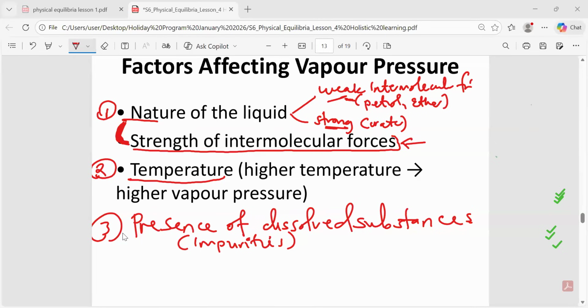I also understand the question, but let me also try to explain that. So what I think about the presence of substances included, how it can affect the vapor pressure... Your network is not clear.